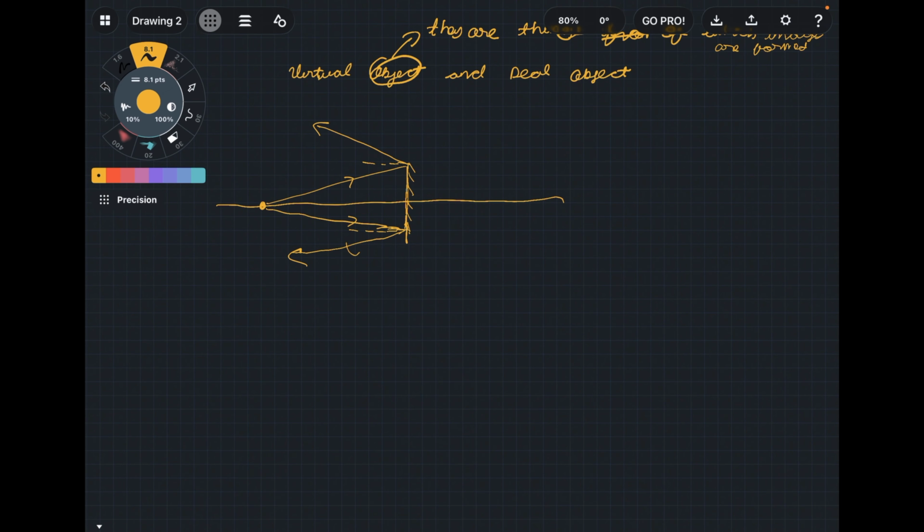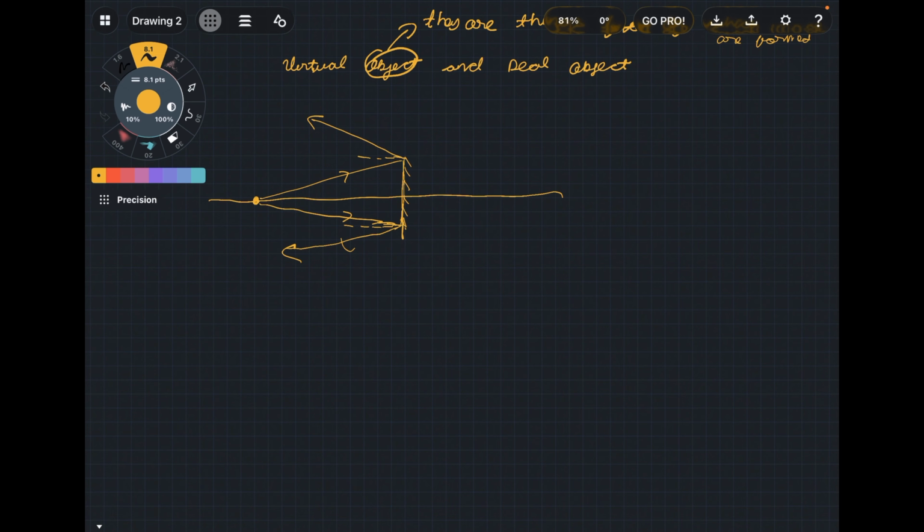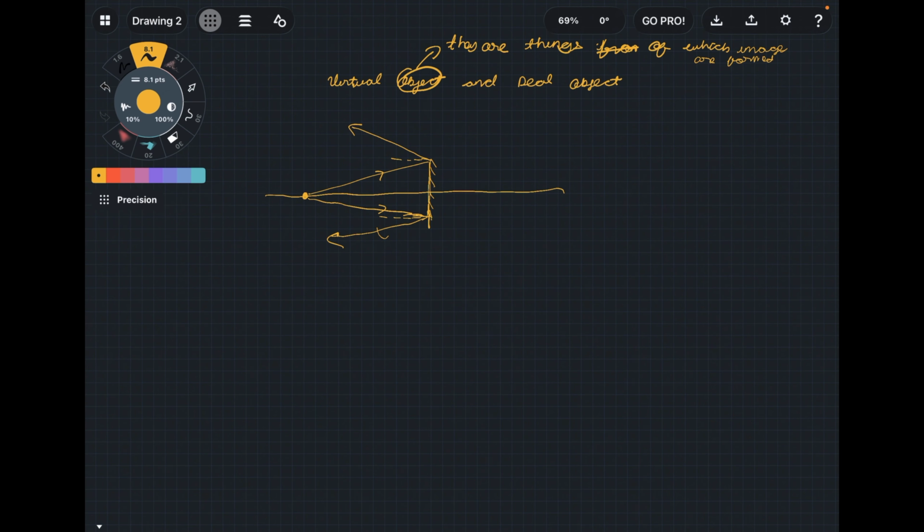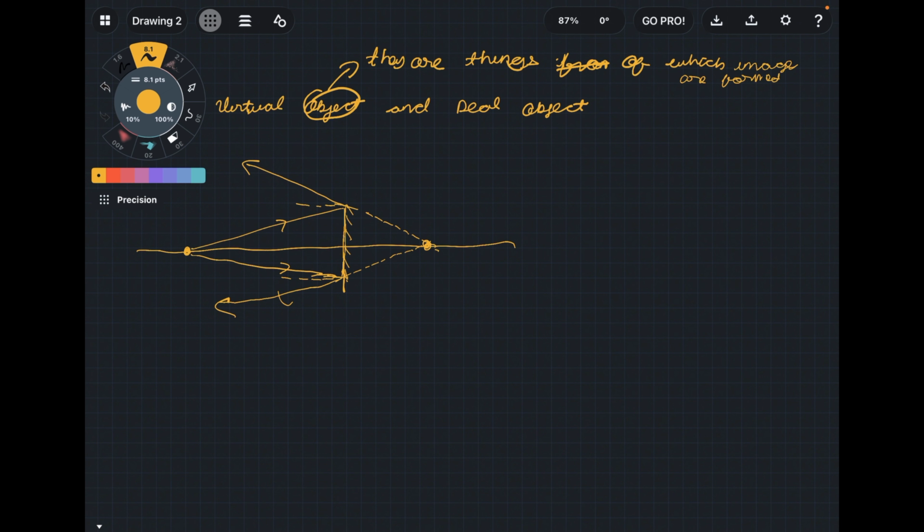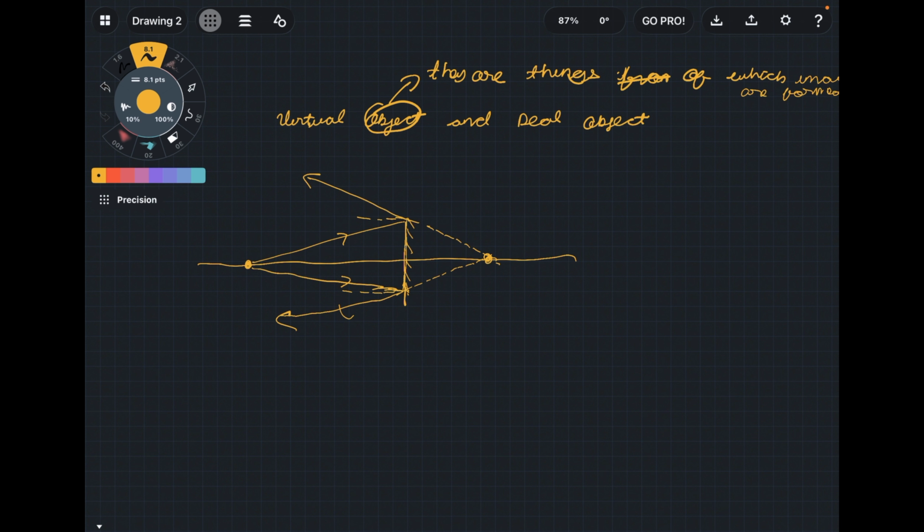So let's first find where the image is formed. To do that, we'll have to extend the reflected rays behind the mirror, and approximately they converge somewhere over here. So this is where our image is formed. This will be our image.